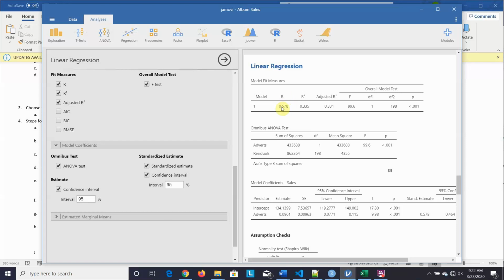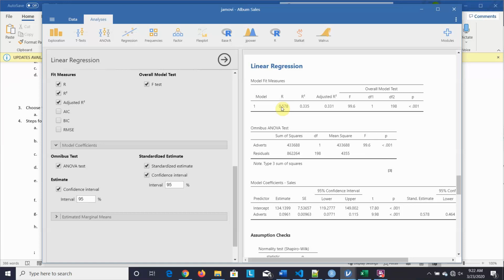A Pearson correlation was the relationship between two continuous variables. This big R is very similar, and it's a related thing, but we're looking at the relationship of the predictor variables with the outcome variable.